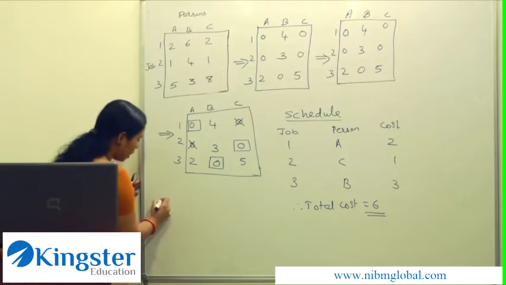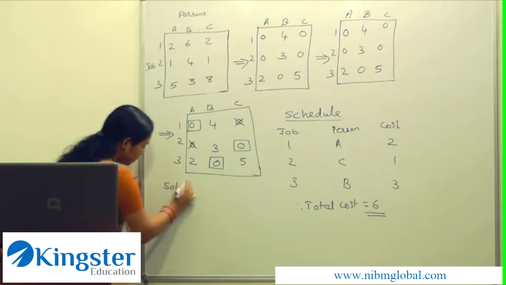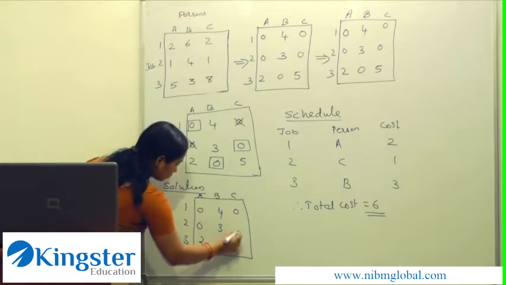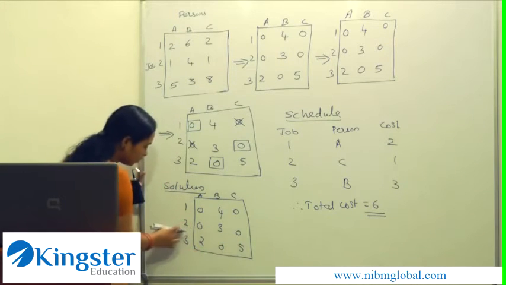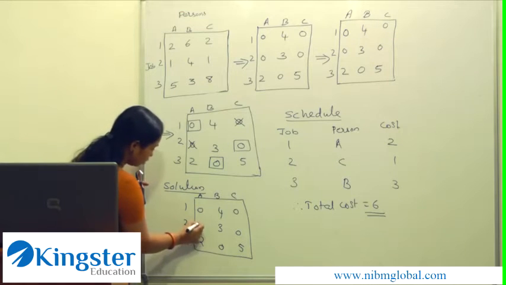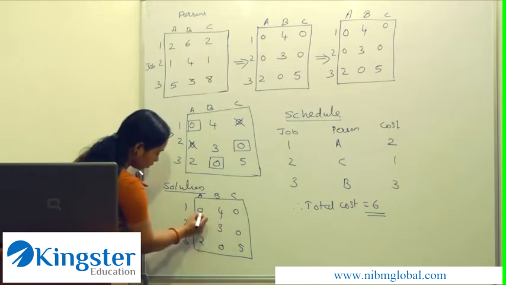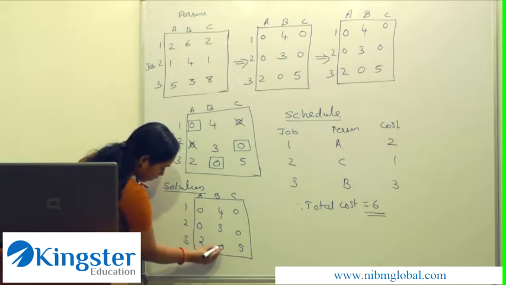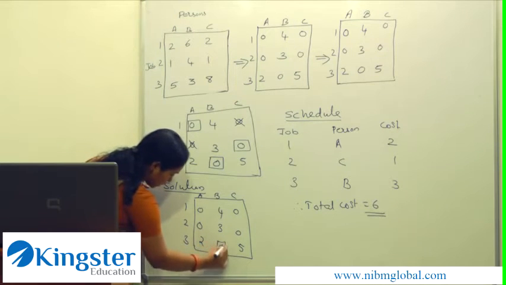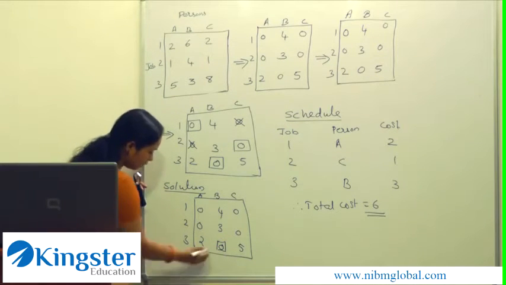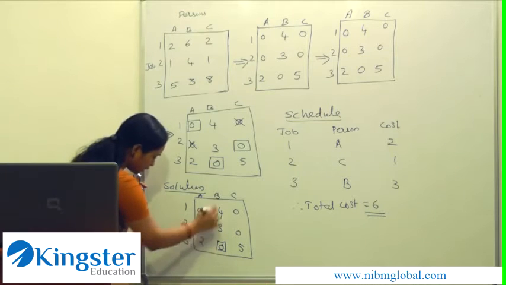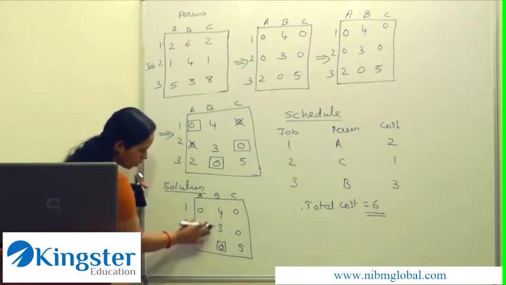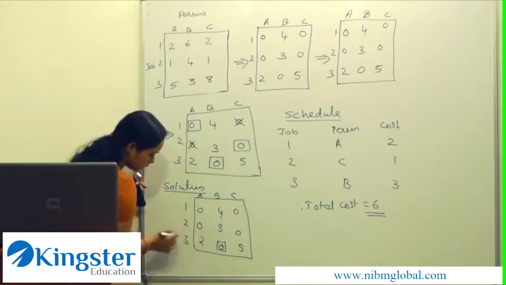Suppose another solution is starting from the first row. We have single zeroed rows. Here also we have 2 zeros. We have a single zero here, so we can give an assignment here. It is made. Now column wise, no columns are left with a single zero.